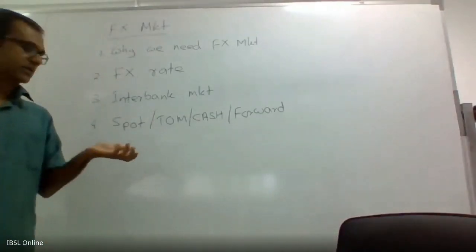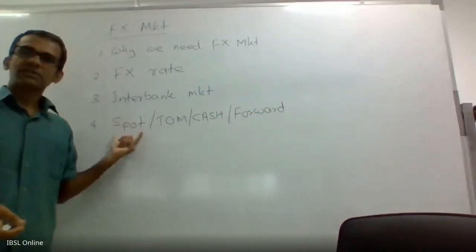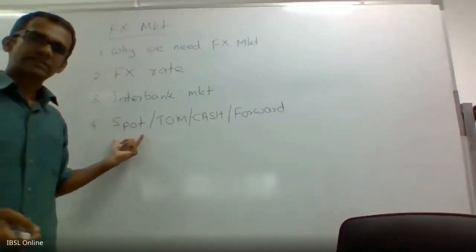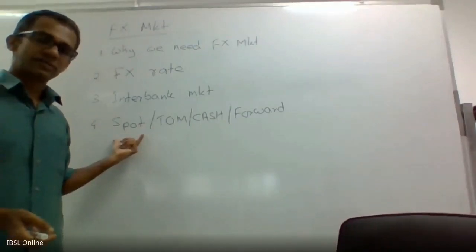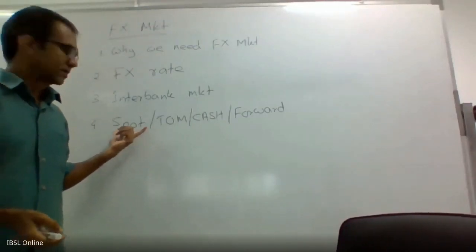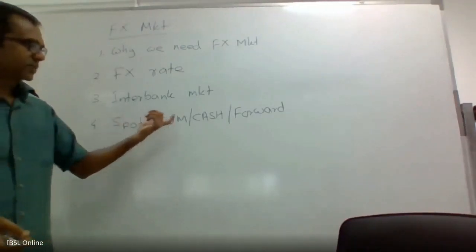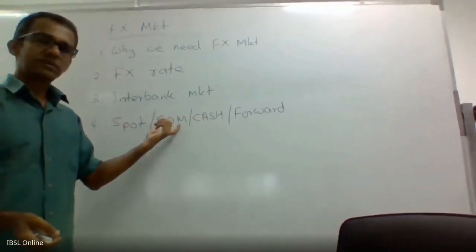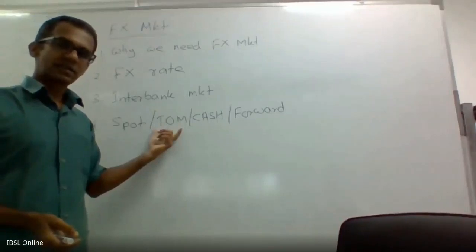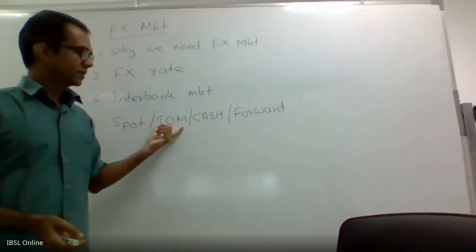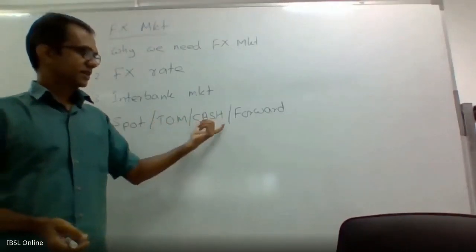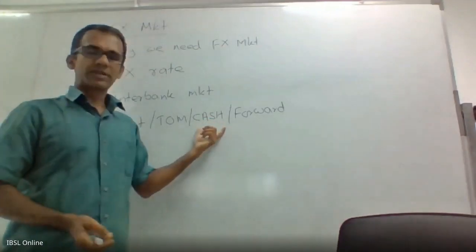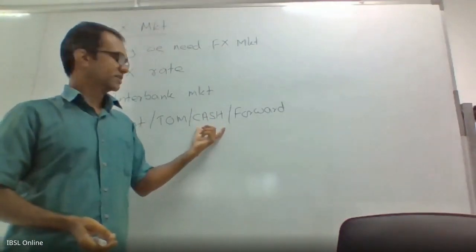Just to remind you, spot is a transaction where the transaction is settled after 2 business days from the trade date. Term means the transaction is settled after 1 day from the transaction date. Cash settlement date and the trade date are both the same.